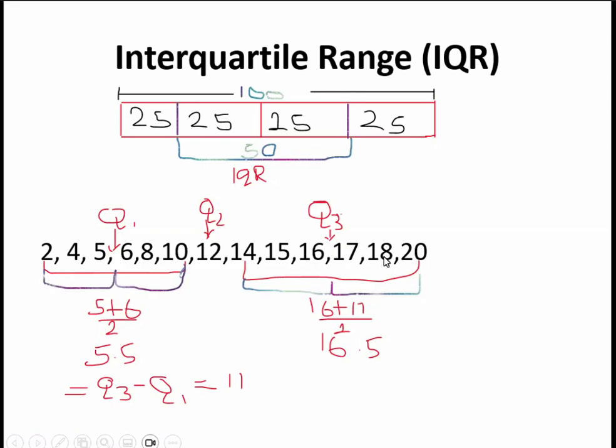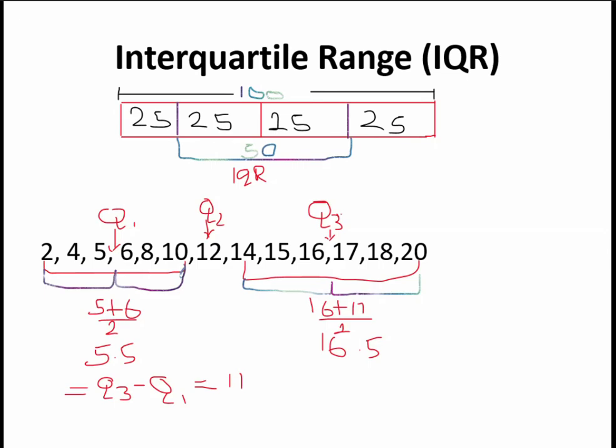And this side, I think it's going to be 16. Yeah, so that's how you find it. You just need to know how to find median, and you keep dividing. You first divide it into the first half for the median, and then you divide the two halves to get their median. So that's interquartile range. Very simple.